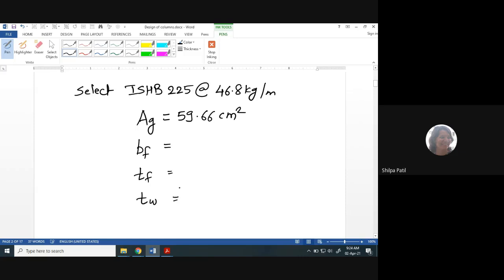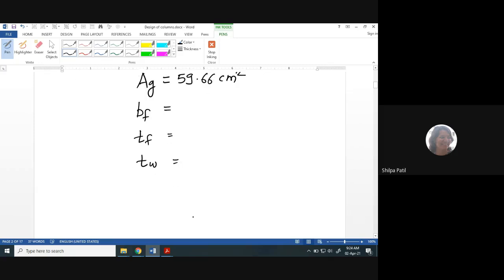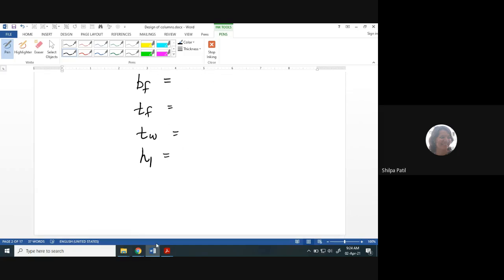Look into the steel table and tell me all these values. Along with this, we will also require the H1 value, that is the depth of the web only, and the radius of gyration values also. So tell me both the Rxx and Ryy values.